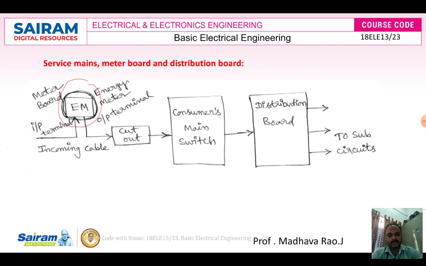One more use of the cutout is when a consumer fails to pay the electric bill. Suppose the consumer fails to pay the bill, for various reasons. Then the electrical authority will come, remove the cutout and take the cutout box to their offices.